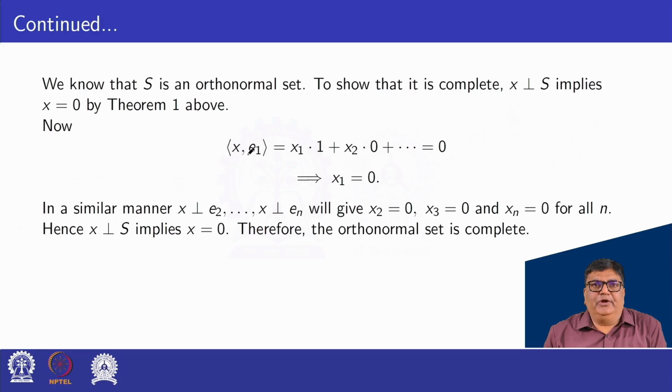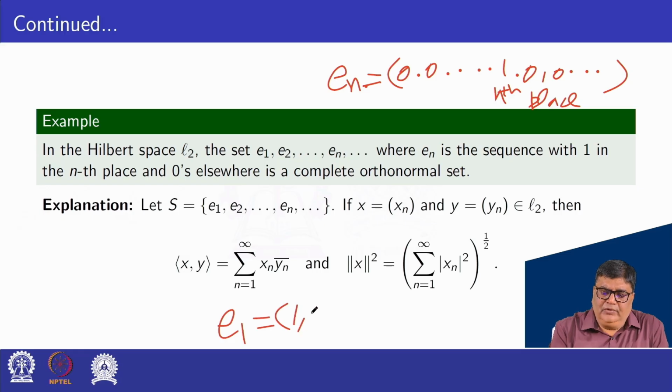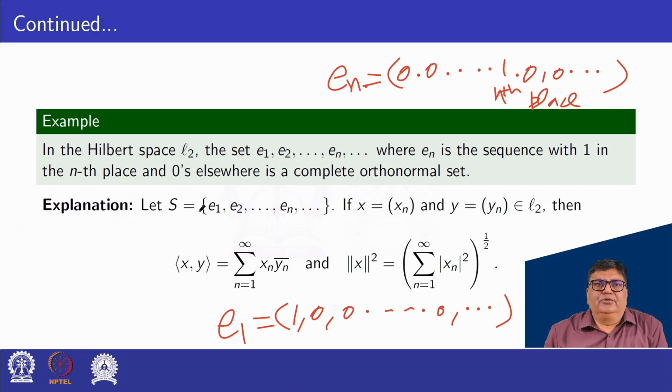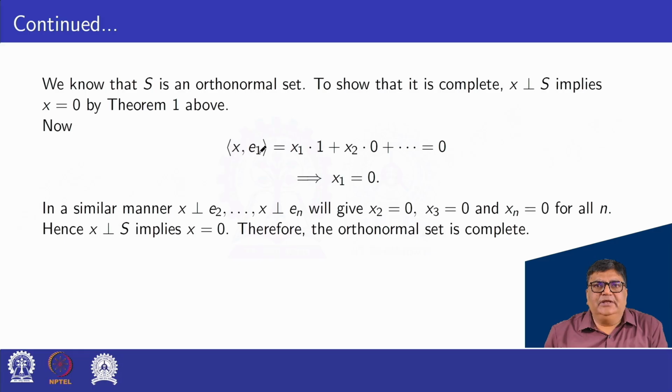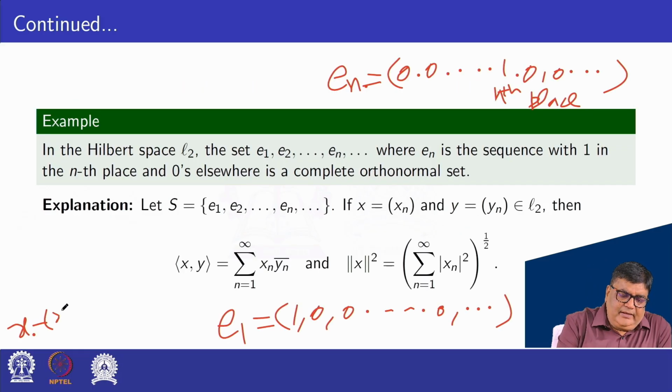Now inner product of x and e1. e1 has 1 at the first place, that is e1 is equal to 1, 0, 0 and so on. x has x1, x2 and so on, xn and so on.